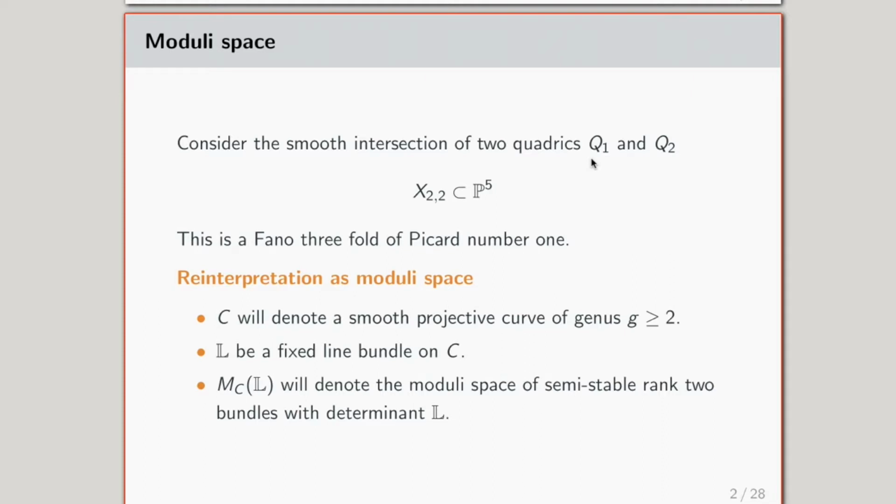M_C(L) will denote the moduli space of semi-stable rank 2 bundles with fixed determinant L. If the degree of L is odd, which is coprime to the rank, because the rank is 2, then semi-stability and stability coincide, and this gives you a smooth manifold. So if I take L to be of odd degree, I get a smooth thing. If I take L to be of even degree, that's not a smooth thing.